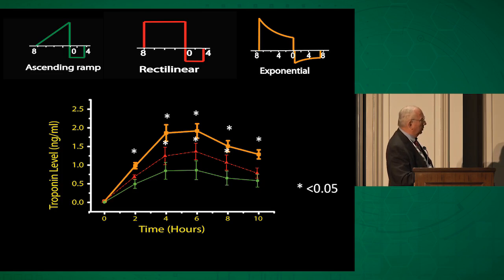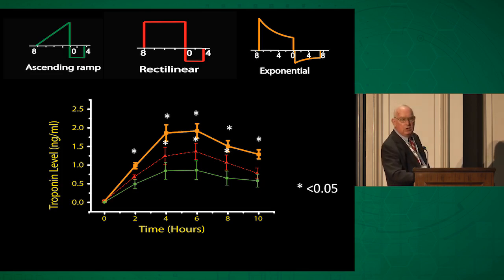So then we wanted to look and see, so what's going to be important here? Is it going to be the energy, or is it going to be the voltage that determines damage? Well, here's the truncated exponential. Here's the troponin I level. Baseline got up to about 2 nanograms per milliliter at 4 to 6 hours, and then started coming back down. Here is the ascending ramp.